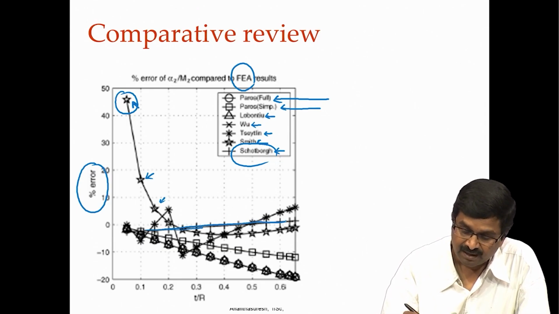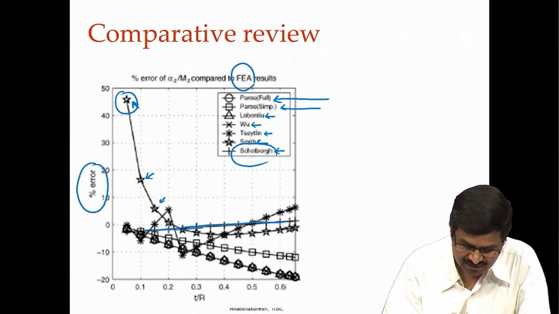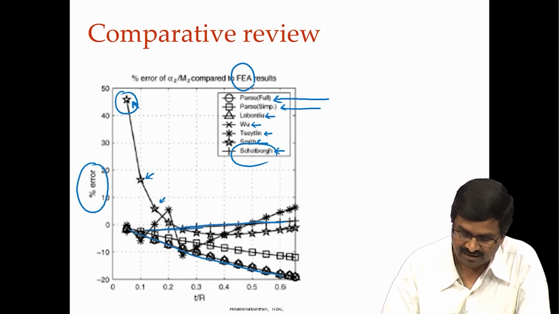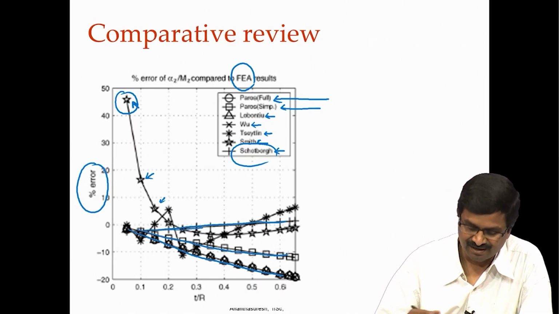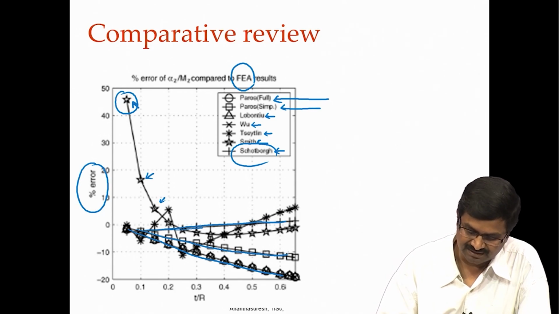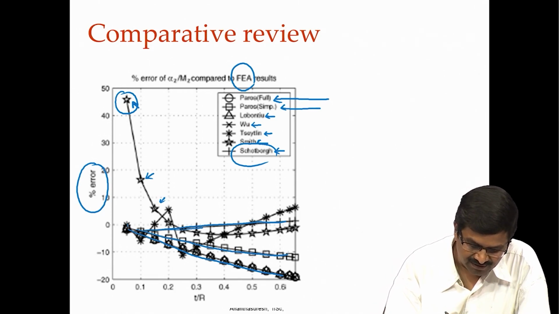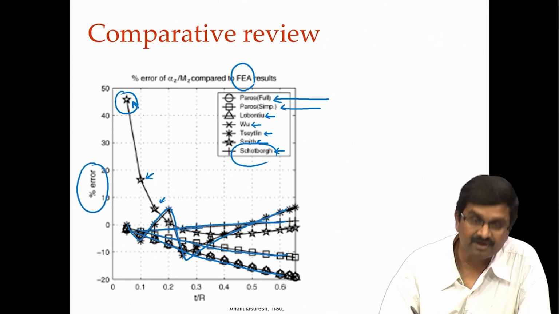And if you look at Paros and Weisbord, the circle and the square, the circle is going like this, the full one, and the square is like this. So, the simplified one is more accurate than the full one. Probably at that time they did not know, but now when you do it you get these, and some things are going topsy turvy also. This Tresselin, the error is going up and down.